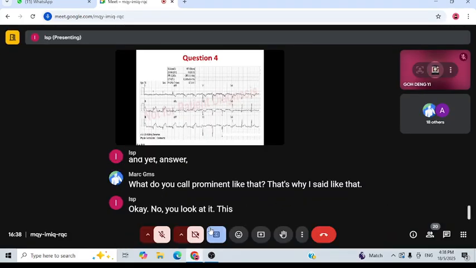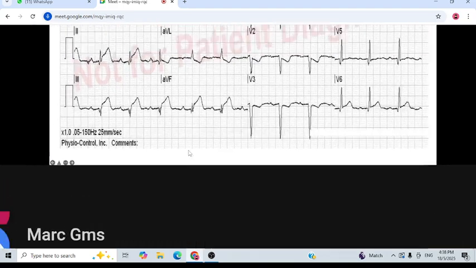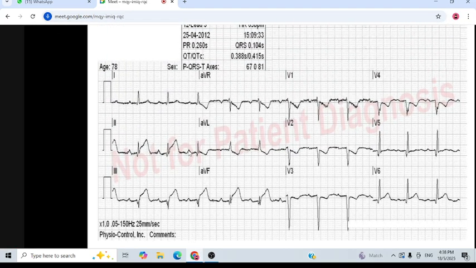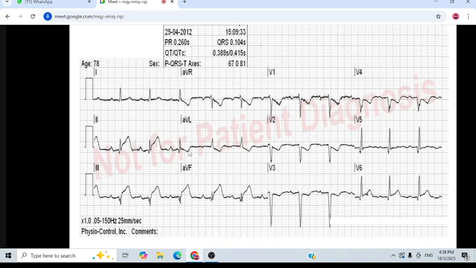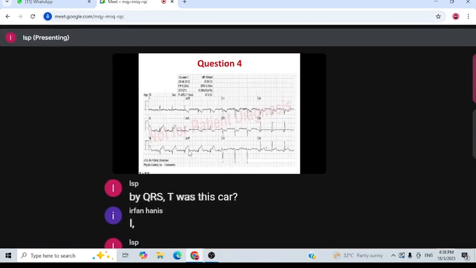Look at it, this is the P wave followed by QRST. This is also a P wave. So when there's a P wave followed by QRST, what is this called? Sinus rhythm.